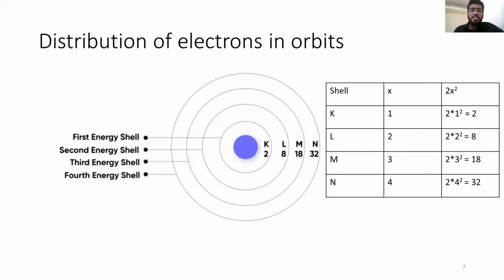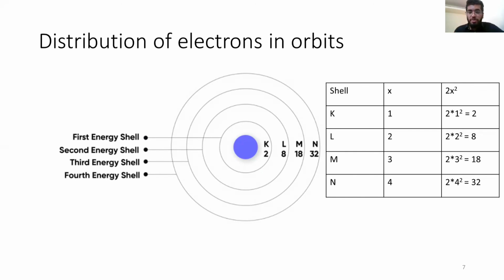Now, let's discuss how electrons are distributed in orbits. We already know orbits are energy levels called K, L, M, N, or 1, 2, 3, 4. The theory of distribution of electrons says that the maximum number of electrons a shell can occupy is 2x squared, where x is 1, 2, 3, and 4.